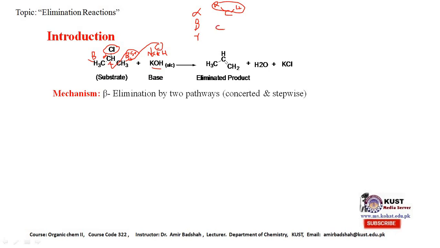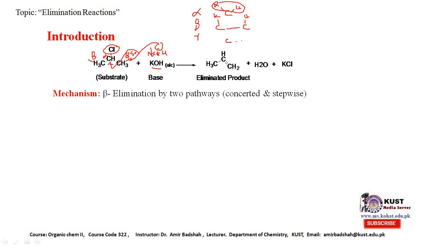If it is abstracted from the beta position, for example from this position hydrogen has been abstracted, and from this position the leaving group leaves, then this is called beta elimination.